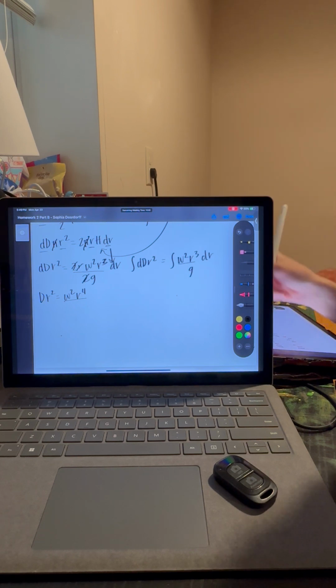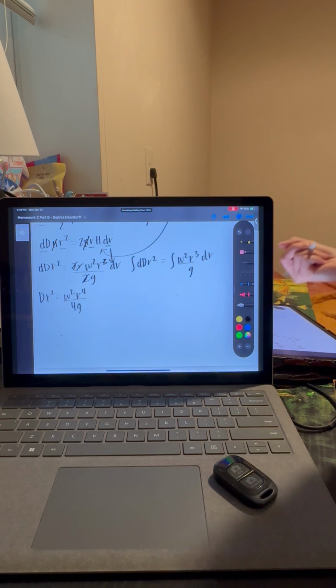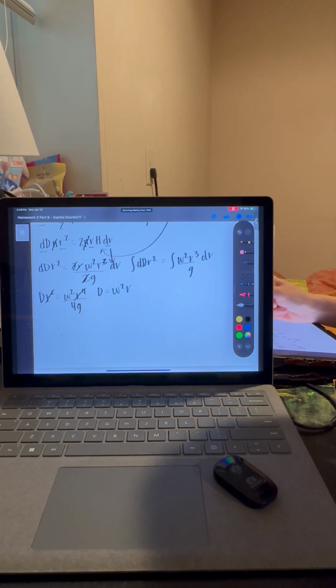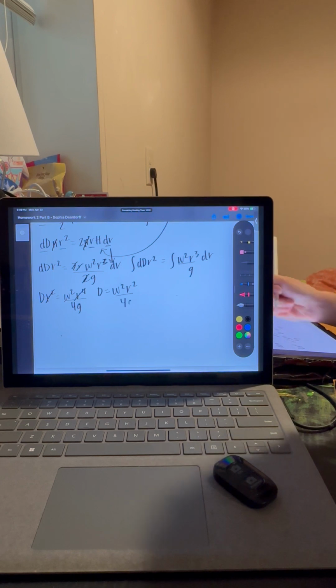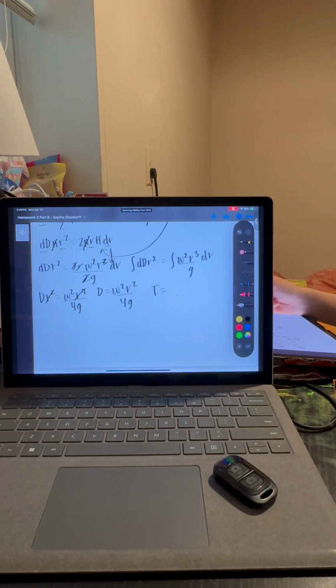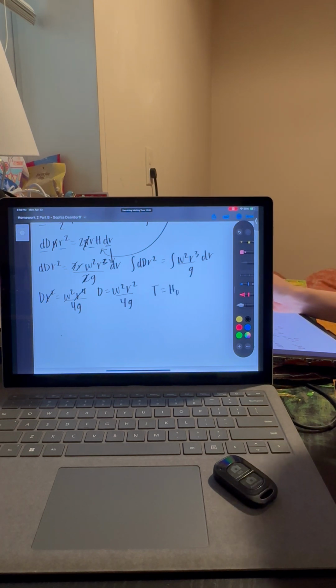There we go, because I already canceled it. Divided by 4g. Now we can cancel because we've integrated, and we get diameter equal to omega squared r squared over 4g. We can set up an equation to find the total height, and that is equal to h naught minus our diameter plus our h.